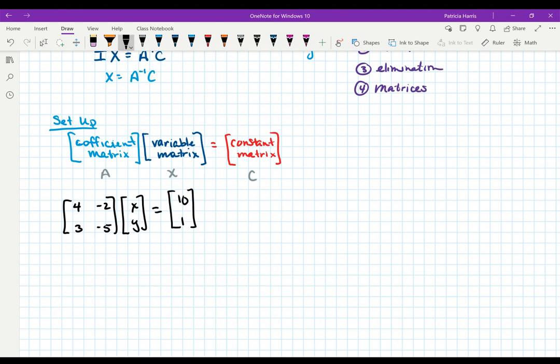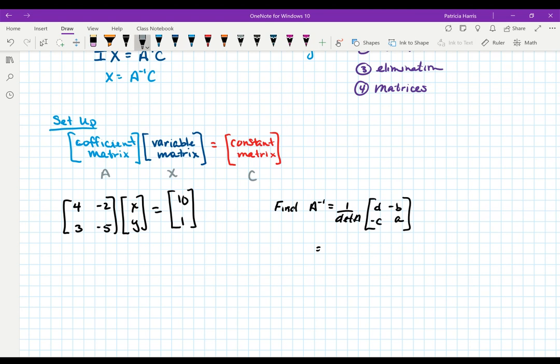So first, find A inverse. We're going to use our formula because it's a 2 by 2. If it wasn't a 2 by 2, then we would use our matrix calculator. So let's go ahead and do that.